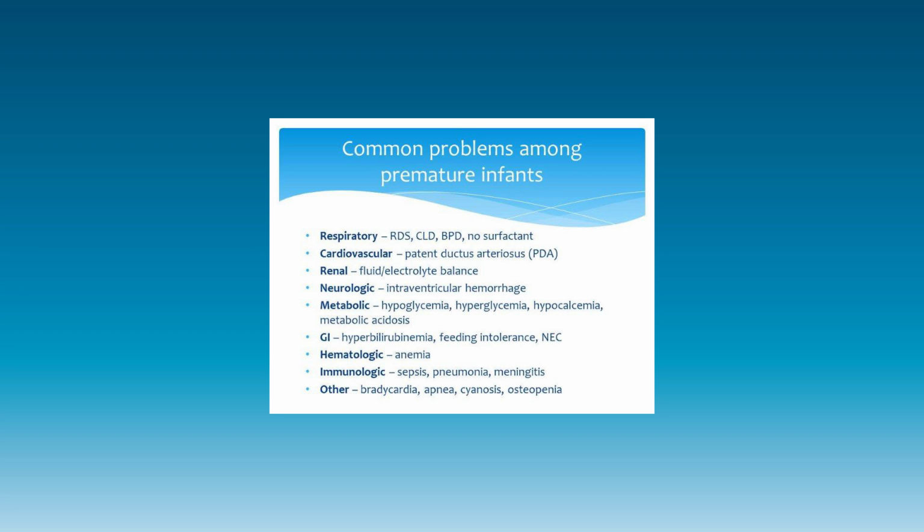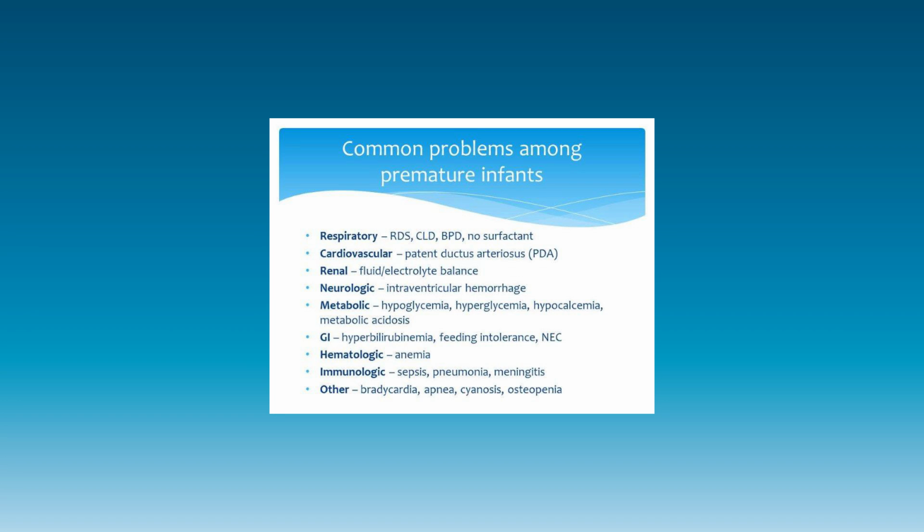As far as respiratory, which is probably the biggest one, because their lungs don't have a chance to fully develop, they can have respiratory distress syndrome, chronic lung disease, BPD, which is bronchopulmonary dysplasia, and their lungs may not produce surfactant, which is that fluid that helps keep the lungs more flexible and reduce surface tension. So major respiratory issues. A lot of these preemies are born and have to be immediately on a ventilator to breathe until their lungs can mature a little bit more.